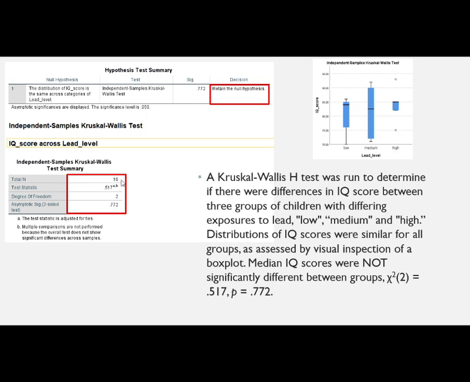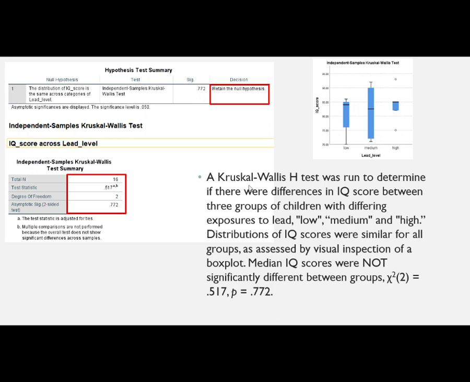And so we'd say 16 individuals in our data set, the test statistic, and it's got this little tiny A and B, and it says it's adjusted for ties, and multiple comparisons are not performed because the overall test does not show significance. So unlike the one-way ANOVA, if you ask for multiple comparisons, they give it to you regardless. Here, if it's not significant, you don't get them because we have a p-value of 0.77.